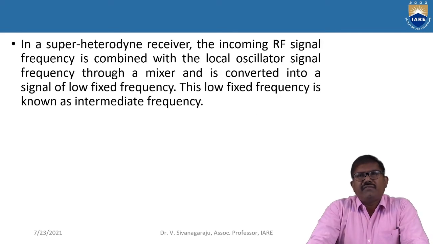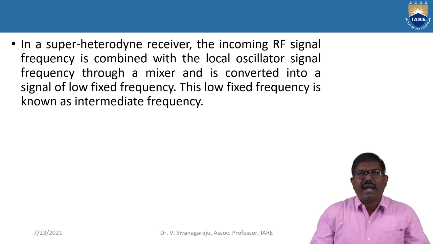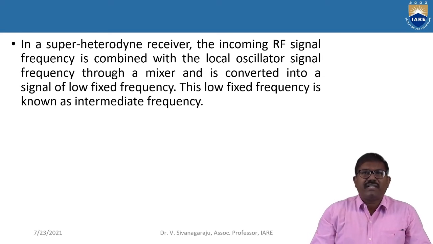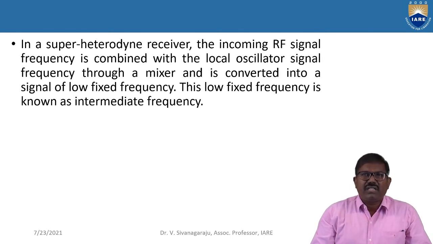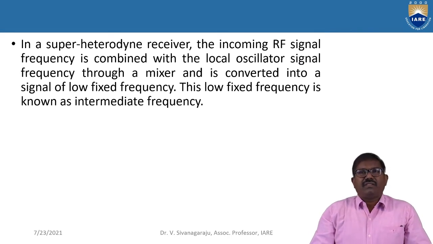So in the super heterodyne receiver, the incoming RF signal frequency is combined with the local oscillator signal frequency through a mixer and is converted into a signal of low fixed frequency. So here the frequency is fixed.